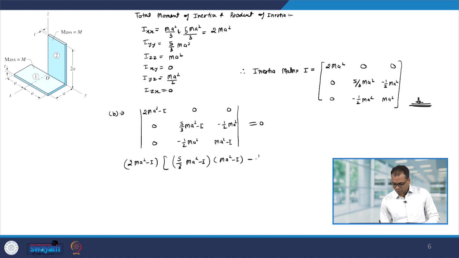minus 1 by 4 m square a to the power 4 is equal to 0.